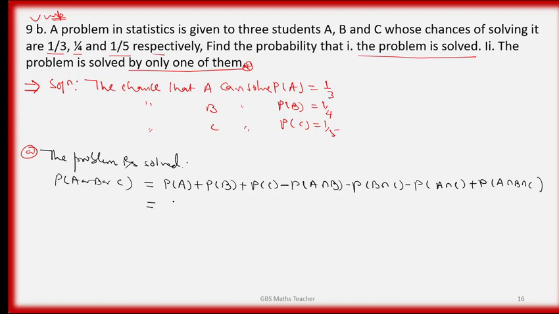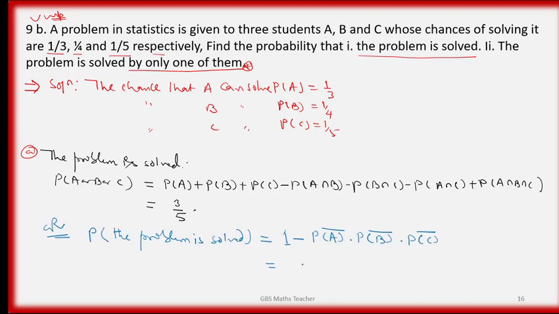A ले नसक्ने, B ले नसक्ने र C ले नसक्ने तीनटा केस लाई फेरि त्यसको कम्प्लिमेन्ट जस्तो 1 बाट सबट्र्याक्ट गरेर प्रब्लम सल्भ हुने केस पनि निकाल्न सक्छौं. 1 minus A कम्प्लिमेन्ट भनेको 2/3 हुन्छ, एज 1/3, 1 minus 1/3 हुन्छ. B भनेको 3/4 हुन्छ र C भनेको 4/5 हुन्छ. यो कट गरौँ, यो कट गरौँ. 1 minus 2/5 भनेको 3/5 हुन्छ. यो क्वेशन प्रब्लम इज सल्भ भन्ने क्वेशन चाहिँ हामी यसरी दुई तरिकाले गर्न सक्छौं.